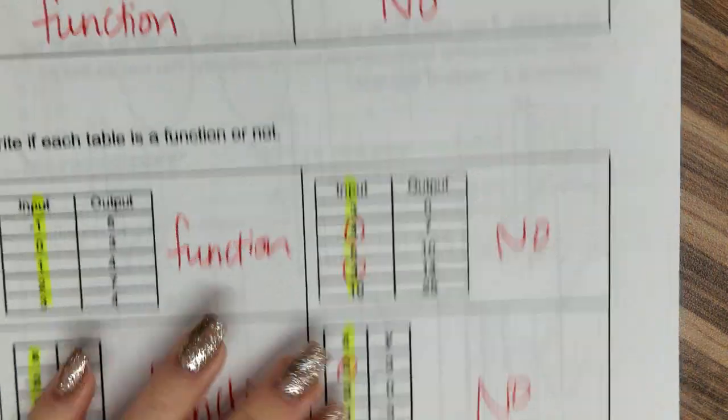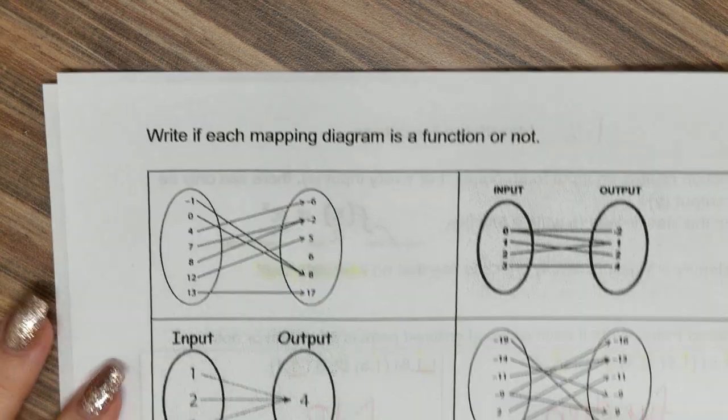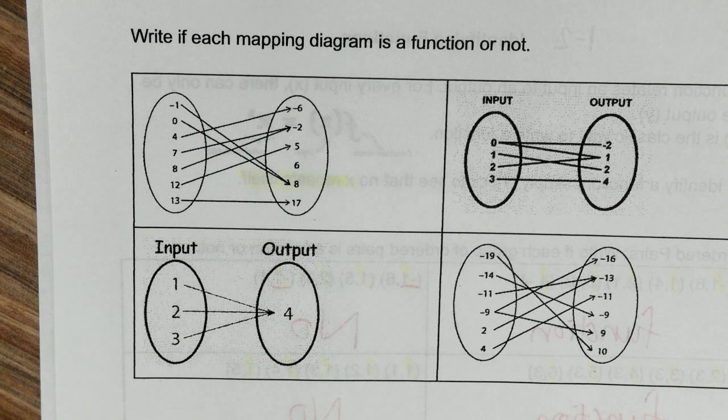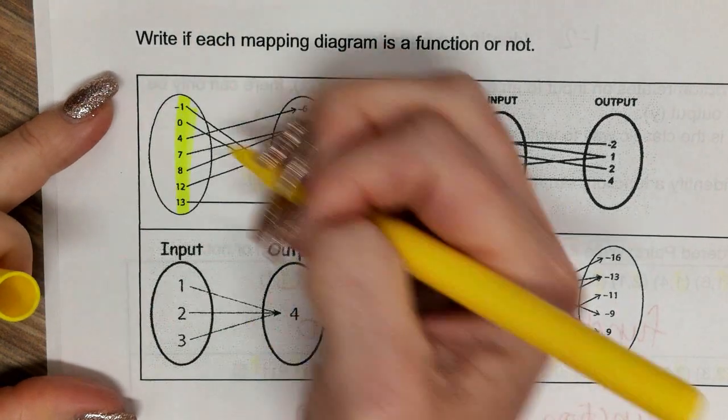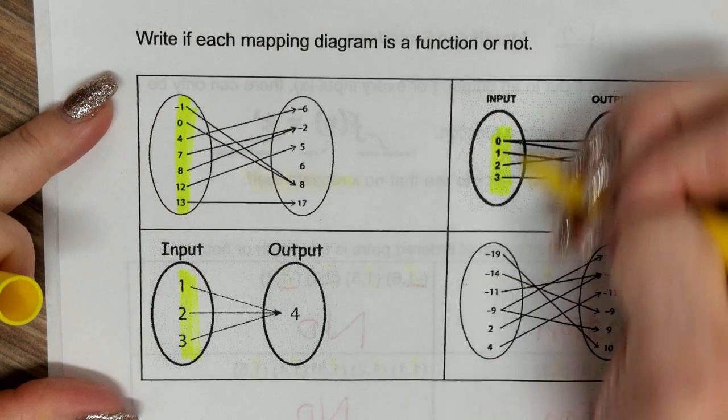Okay, let's go to mapping diagrams. We talked about mapping diagrams yesterday. Mapping diagrams are fancy ways of making a table or some ordered pairs, okay? What I would like for you to do, unless you want to go write all of these as coordinates, which would take a long time, is highlight the X oval. So for all of them, highlight the X oval.